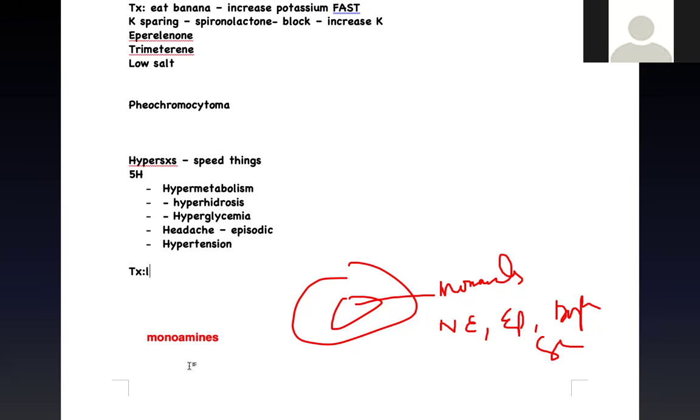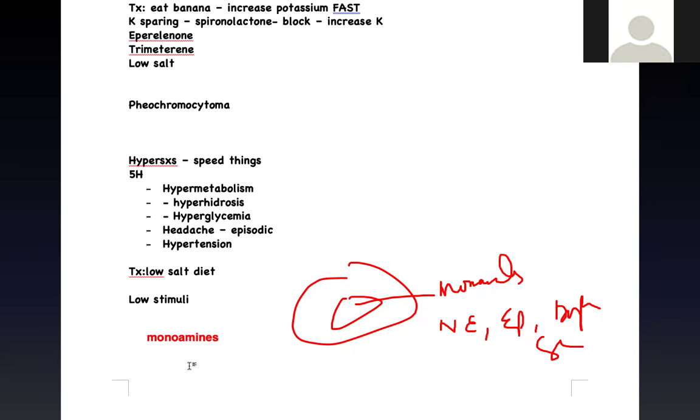He has hypertension, low salt diet. If the patient is having hyper symptoms, what do you want to do? Low stimuli environment as much as possible, like a patient with a manic episode. Yeah, low stimuli, right?